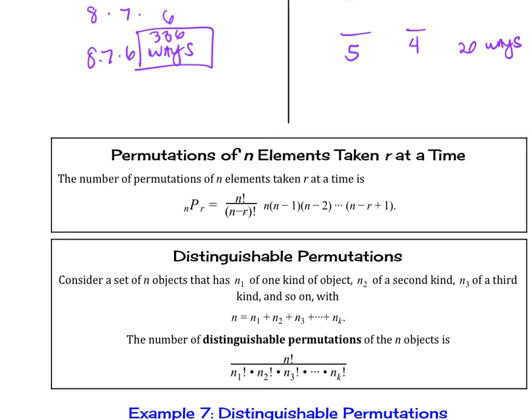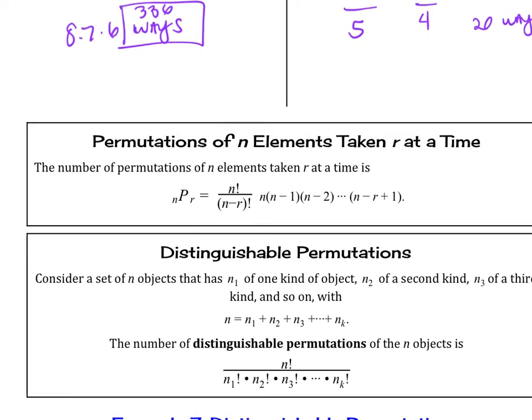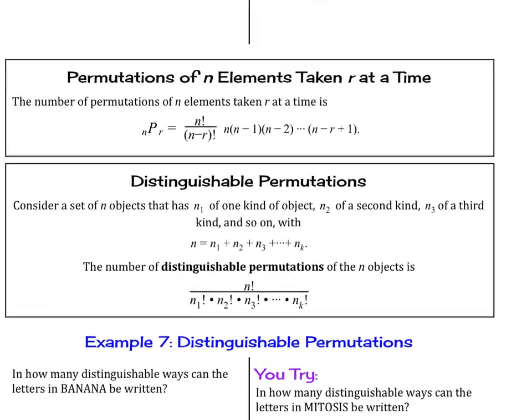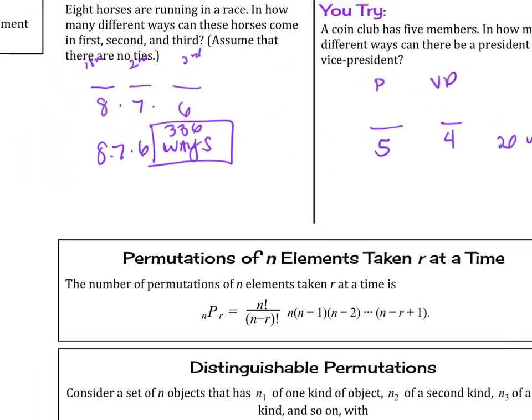So here's a formula that we could use. Permutations of n elements taken r at a time. The number of permutations of n elements taken r at a time is nPr, which is n factorial over n minus r factorial, and you see this information here, n times n minus 1 times n minus 2, and so forth. So let's go ahead and do this horse race one. What we're saying is that there are 8 horses, and we need 3 out of them.